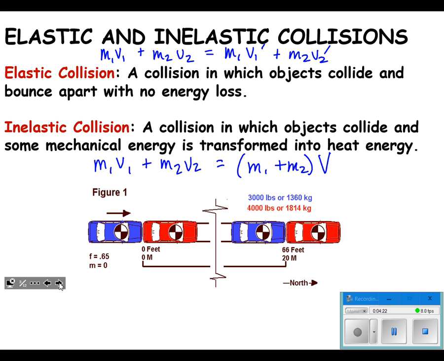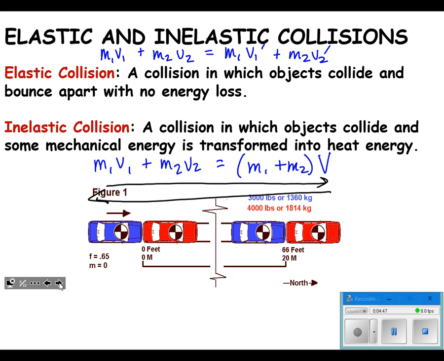Now the thing to realize is this particular equation can be read both ways. And the reason I say that is because they could start together and then break apart. And that momentum would be reading it from right to left versus left to right.